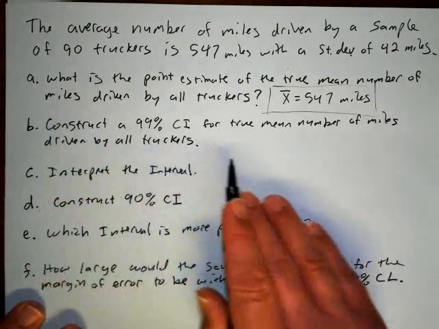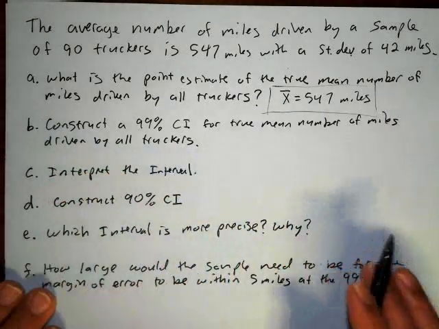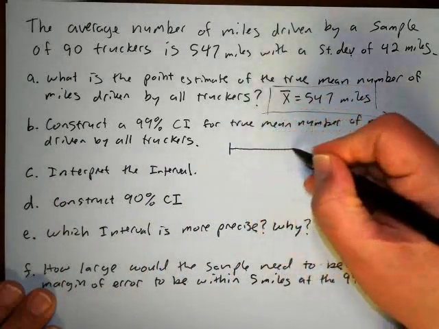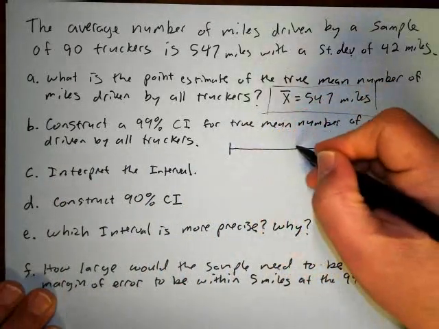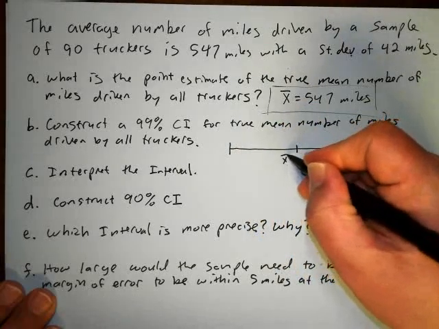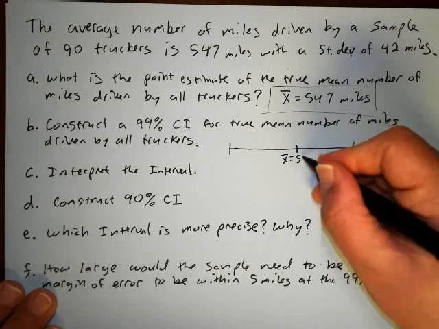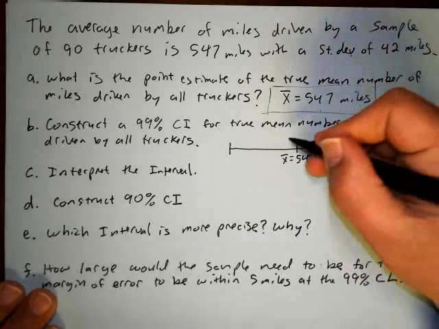Now, part B, it wants you to construct a 99% confidence interval. I'm going to have to make this a little tight here, but we should be able to fit it. So the center of the interval is the point estimate, 547.